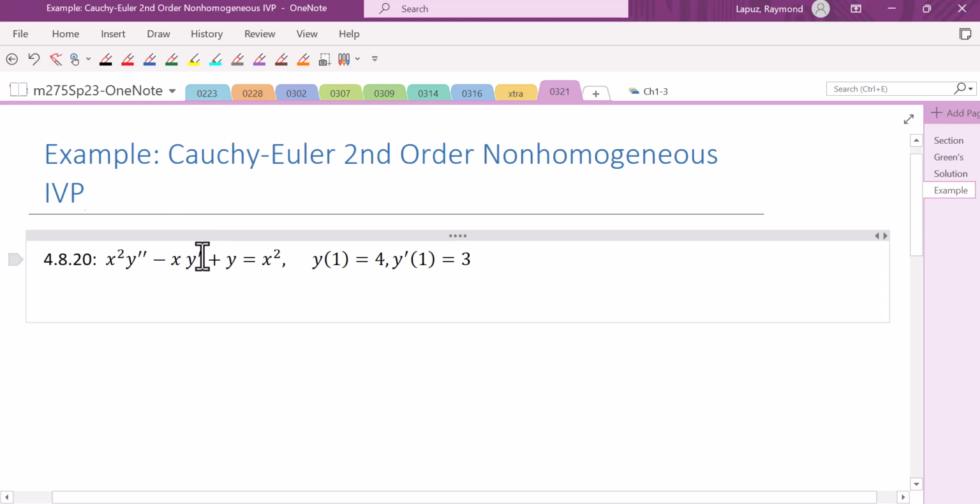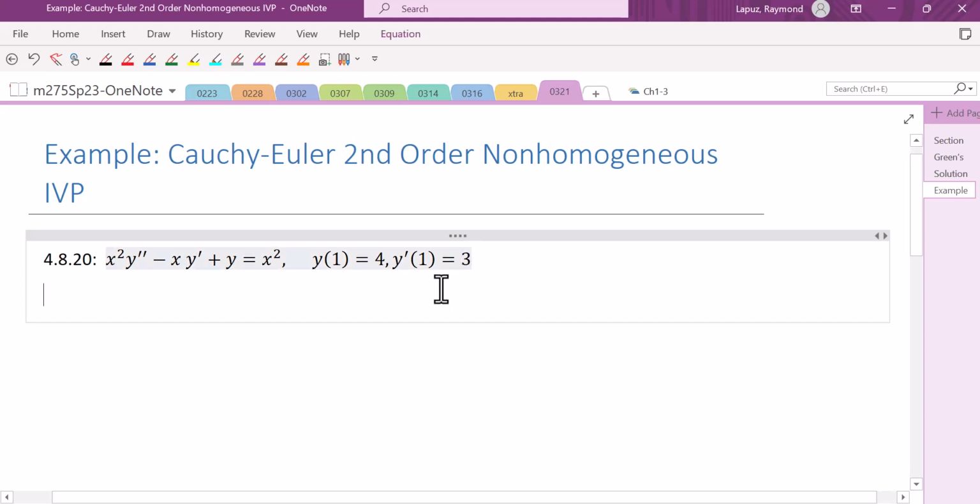Okay, so in solving this problem, we are interested in first solving the associated homogeneous equation, and actually IVP, and then using Green's function to solve for the non-homogeneous portion.